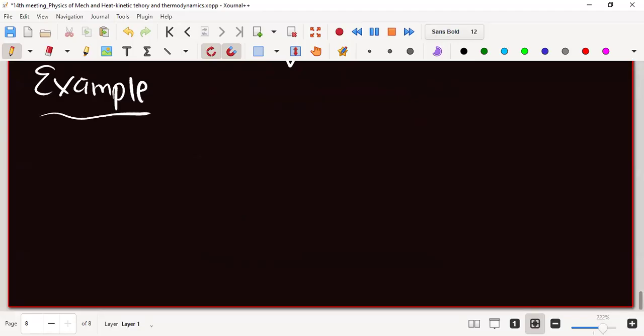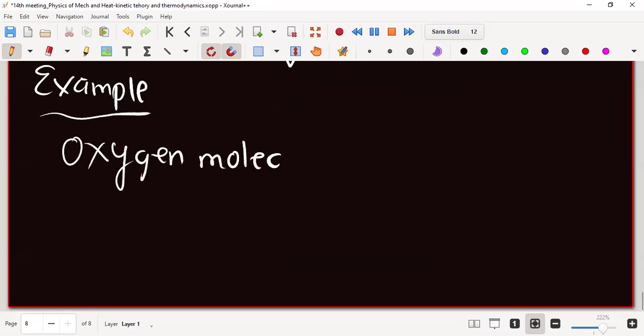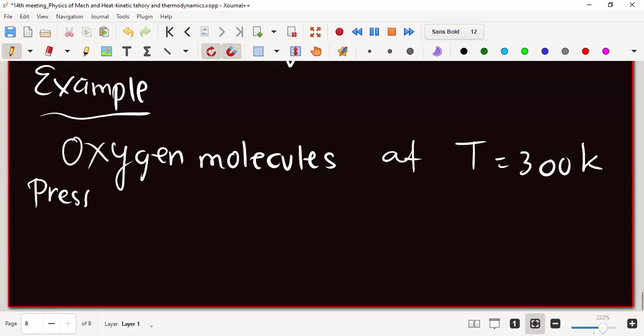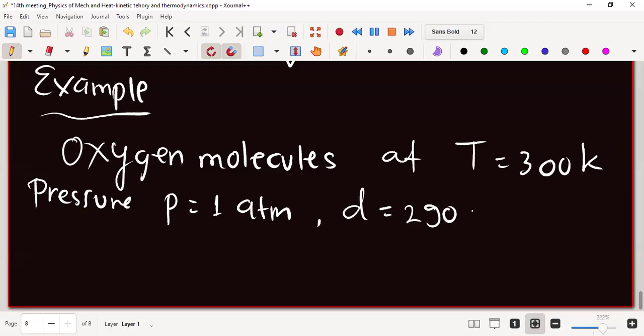Consider that the oxygen molecules are at the temperature 300 Kelvin, and the pressure P is 1 atm, and the molecular diameter is 290 picometer.